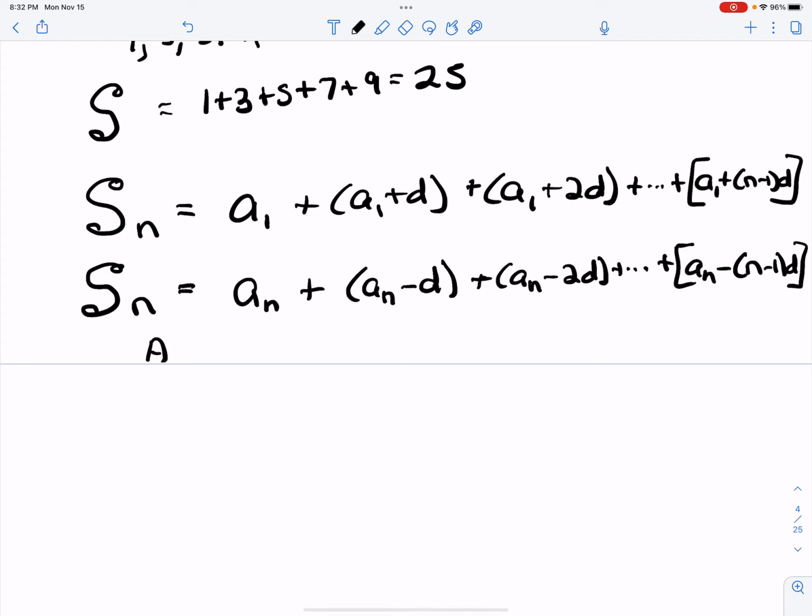If we add these together, we get 2 S sub n on the left. And then on the right, you look at a sub 1 plus a sub n.